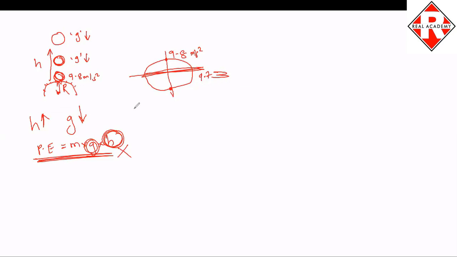So in that case, what we will do is, I'll just erase this thing. Suppose we have earth over here, and there's this object over here somewhere, and the distance between them is infinity.